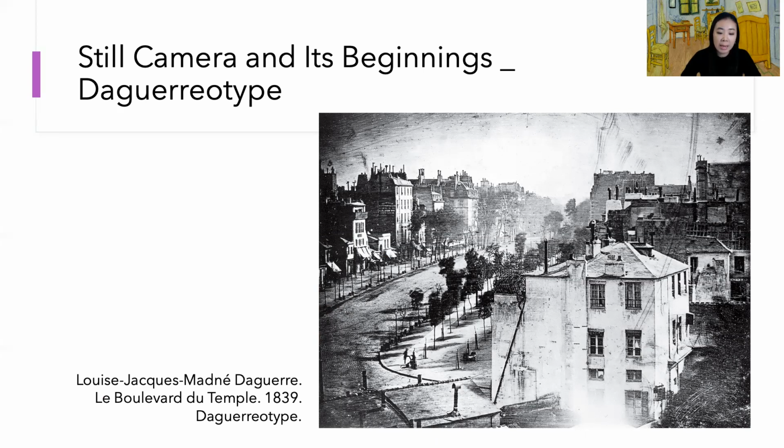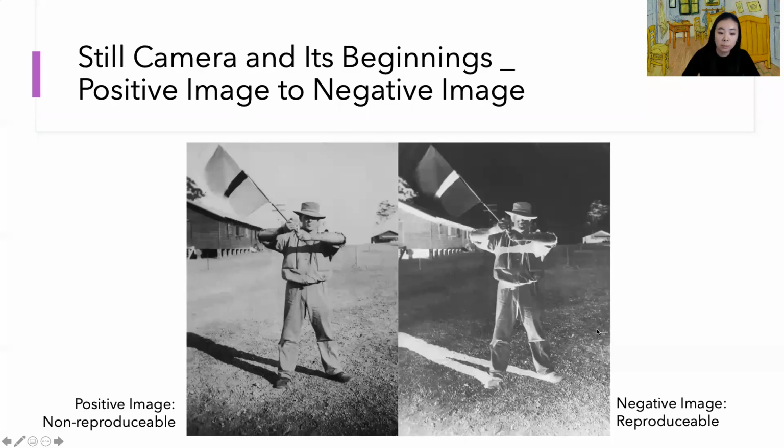Daguerre made the image illustrated here in 1839, the year the French government announced his discovery to the world. However, for all its early success, the daguerreotype was ultimately a blind alley for photography.